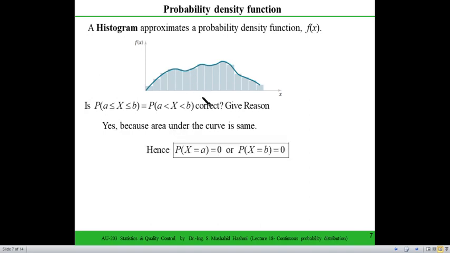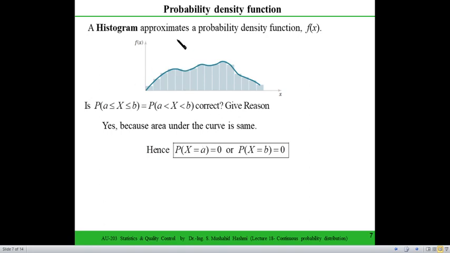And from this particular fact, we can learn that for a continuous probability density function, the probability at a particular value always comes out to be 0, whether it is the point a, where the value of x is a, or the value of x is b, or any other value, because at that particular point there is no area associated. The area under the curve is 0. That's why the corresponding probability is 0.